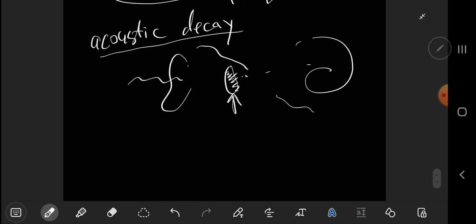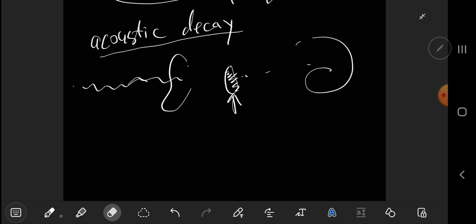But when there is vestibular schwannoma, there is acoustic decay, namely that if the sound continues for, I don't know, more than 10 seconds or so, the acoustic reflex starts to decay and the muscle stops contracting.